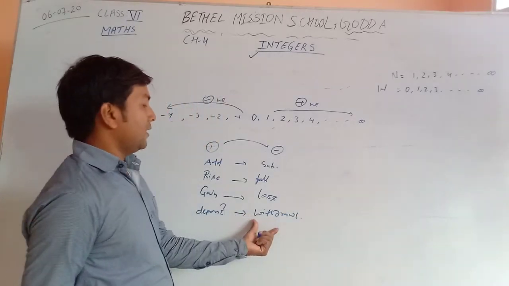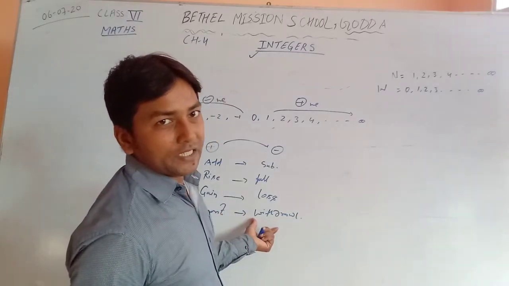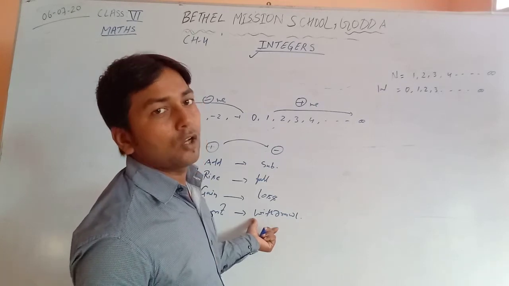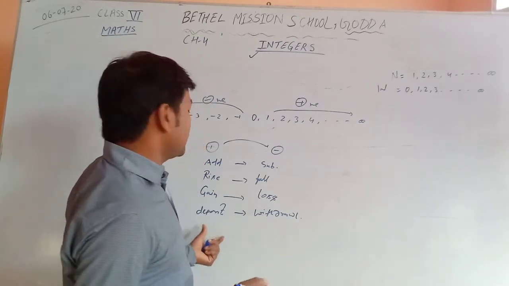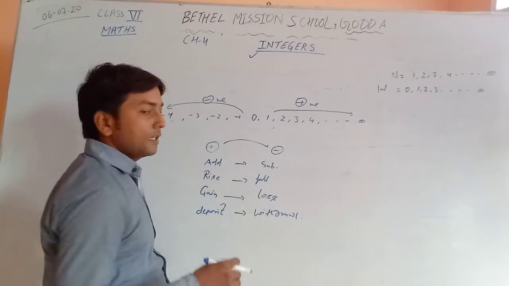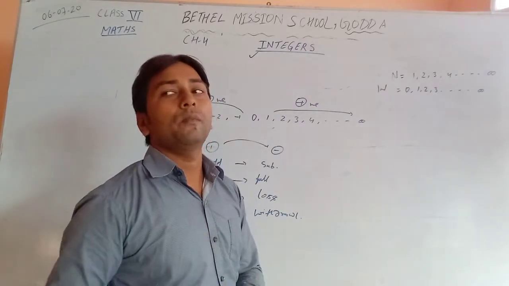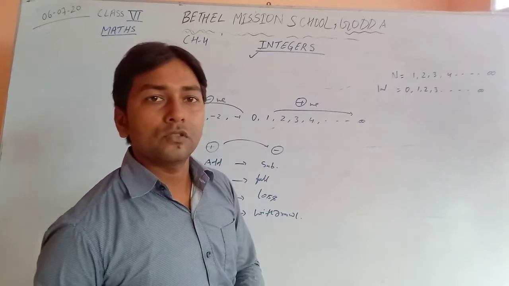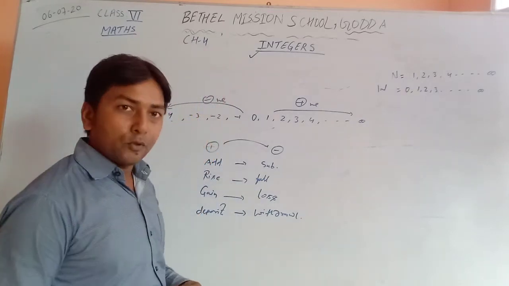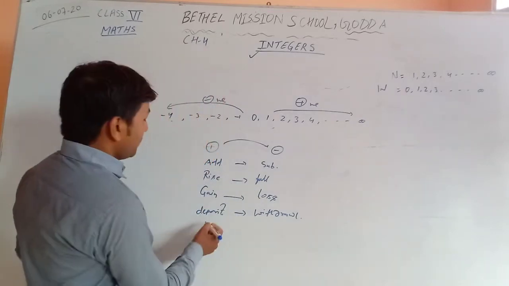Withdrawal is when we take money from an ATM or bank. And deposit is when you give some money to the bank into your account, that is said to be deposit.